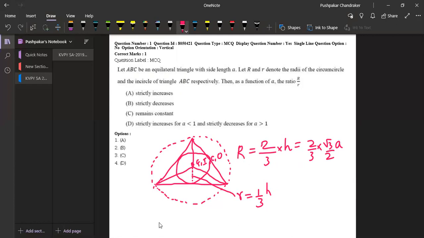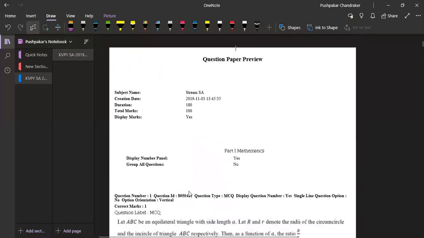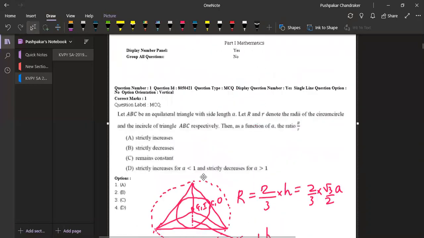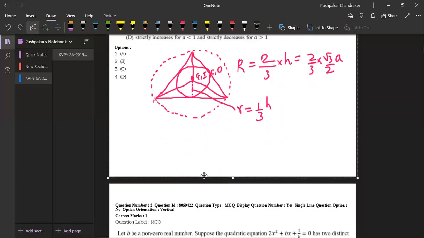So the ratio, if you see, R by r, I can write it as 2/3 h divided by 1/3 h. Definitely it is a constant.